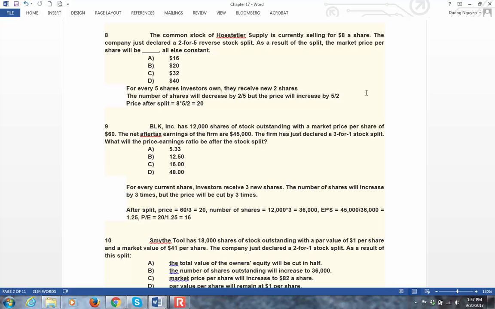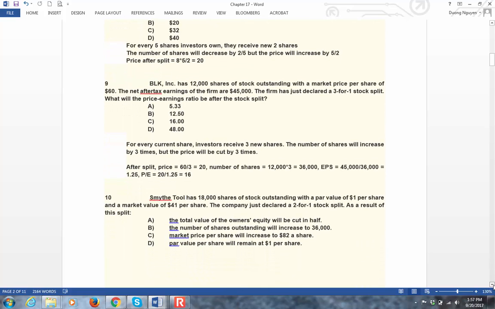But the price will increase by 5/2. So the current price of $8 increases by 5/2 or 2.5 times. The new price will be $20.